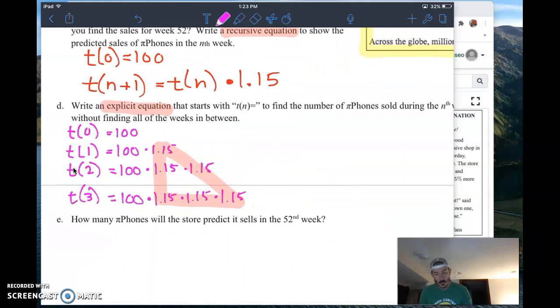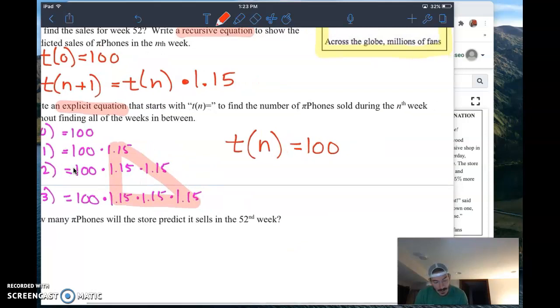The explicit rule for this model is going to be t of n equals the starting value, 100, and then the term number matches the number of times I need to multiply by that growth factor. So multiplied by 1.15 to the, because I want the nth term, nth power.